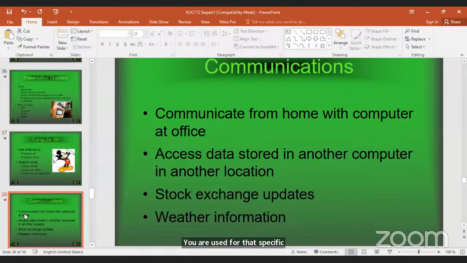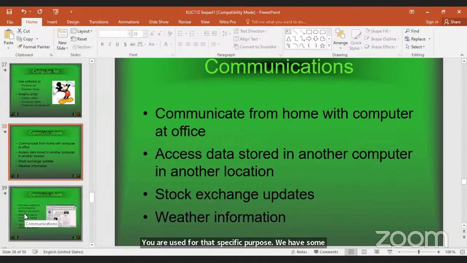We have some software that is used in communication. Like when you want to communicate with friends, you have emails, and application software that is used to run social media, like WhatsApp, YouTube, Telegram, Instagram. These are some of the social media tools that you can use.